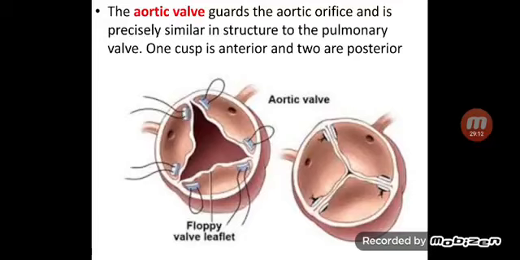The same as in the pulmonary trunk, which has pulmonary sinuses. Here is their importance: the anterior aortic sinus gives origin to the right coronary artery, and the left sinus gives origin to the left coronary artery. And thank you very much for today.